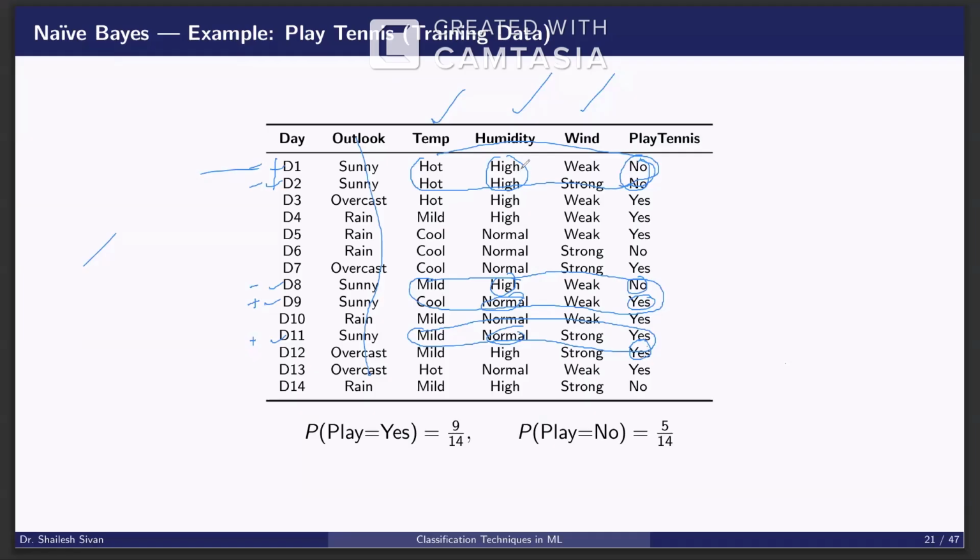From that, if you choose high, now we have only no. And if it is normal, it is yes. So no further split is needed because the uncertainty is actually over.